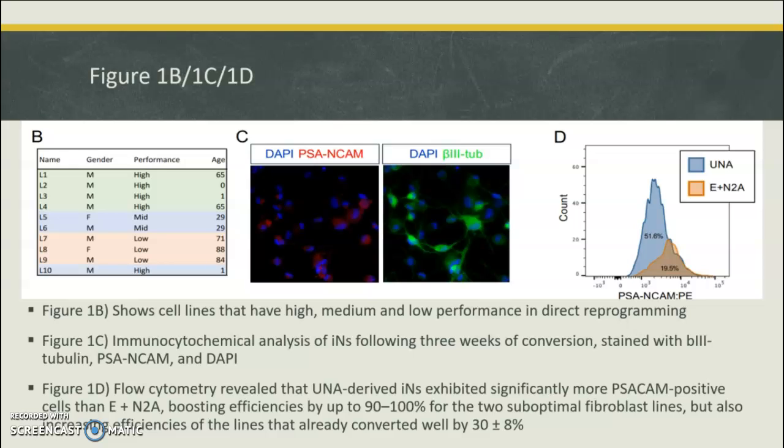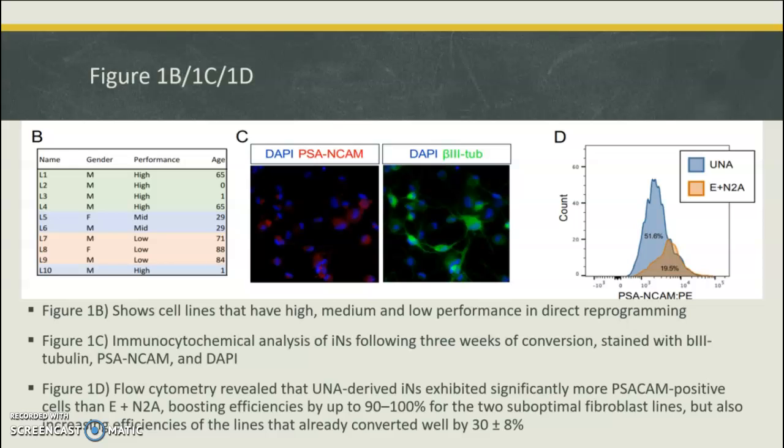So in figure 1d, flow cytometry actually revealed that UNA-derived induced neurons exhibited significantly more PSA-NCAM positive cells than the previous construct, which is depicted by E plus 2NA. So this can actually boost the efficiency by up to 90 to 100% for 2 suboptimal fibroblast lines, which basically means those of low performance in converting fibroblasts into induced neurons.